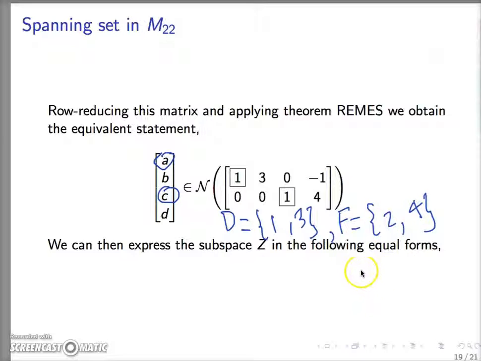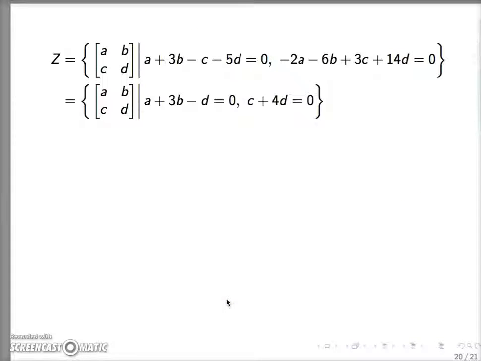So those are the free variables. Therefore we could write A in terms of B and D, and we can write C in terms of B and D, and so on. This is that idea of thinking in terms of dependent and free variables.